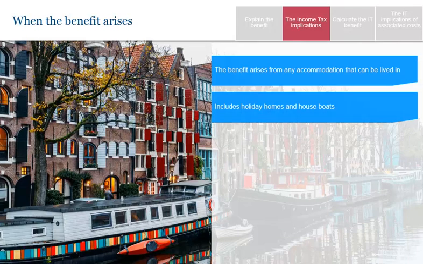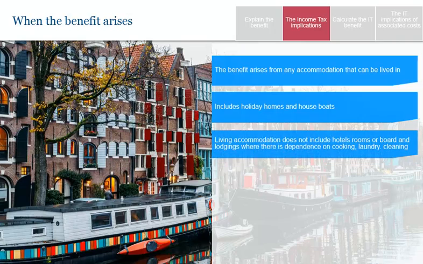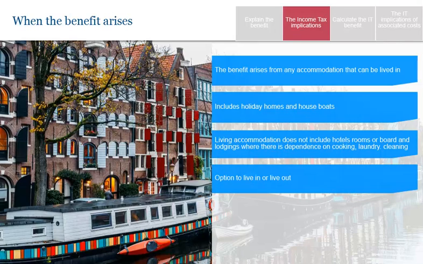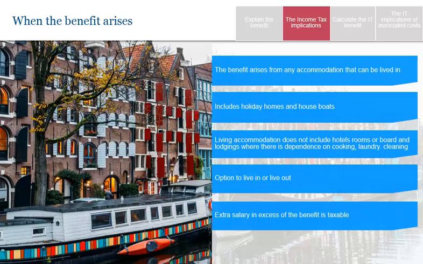The holiday home issue is described a little further in the notes, but living in a hotel for a number of nights does not bring about this benefit. Where an option has been given to live in or live out of accommodation with a higher cash wage, that excess needs to be entered on the tax return, and again that's described further in the notes.